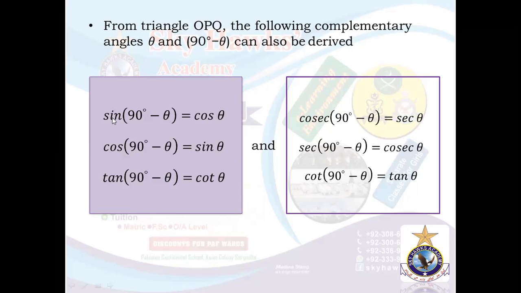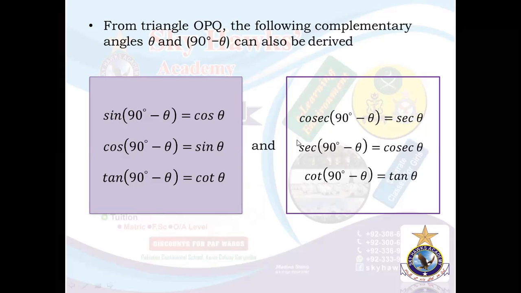Sine of 90 minus theta is cosine theta of that triangle, and cos 90 minus theta is sine theta. Tan 90 minus theta is cot theta. If we have another angle, the third angle, 90 minus theta, then sine will become cos. These are very important ratios. Sine 90 minus theta is cos theta, cos 90 minus theta is sine theta, tan 90 minus theta is cot theta.